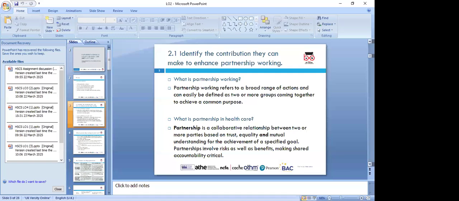Yes, it's quite important that accountability plays a major ingredient in partnership working, because the various people who have been brought together to achieve a common goal should be accountable. You might have a team leader or a manager that you need to report to, to ensure that you are in line.